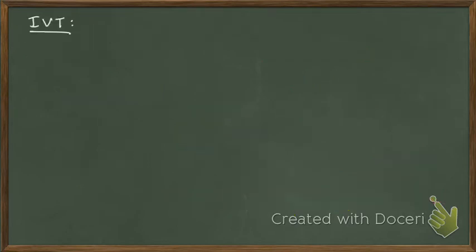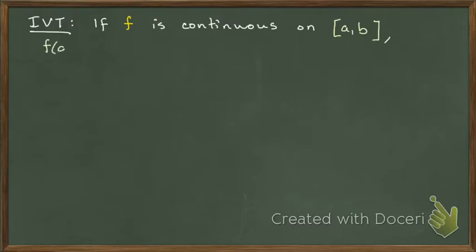So here's my intermediate value theorem. If f is continuous on a to b, and f of a is not equal to f of b. So when I plug those endpoints into my function, I need to get different values. If that doesn't happen, then this theorem can't be applied.